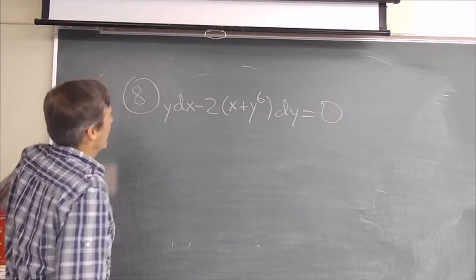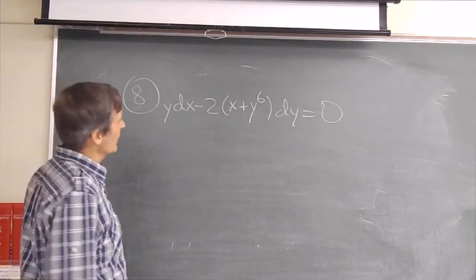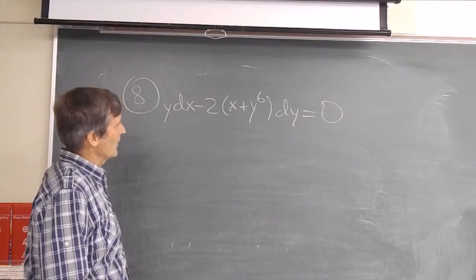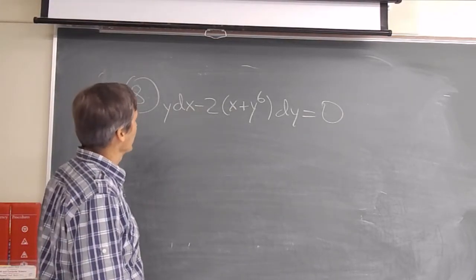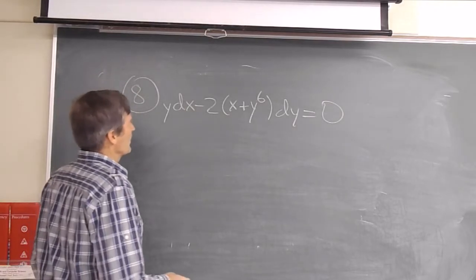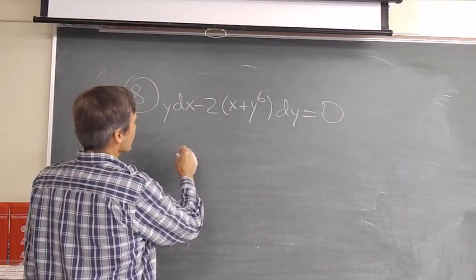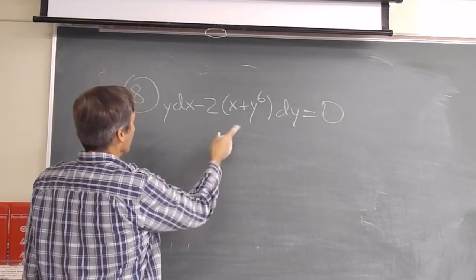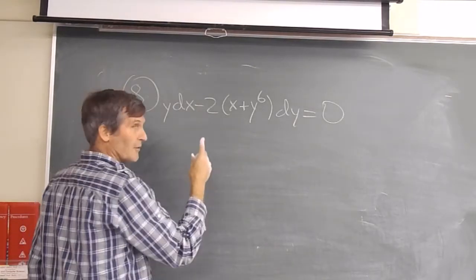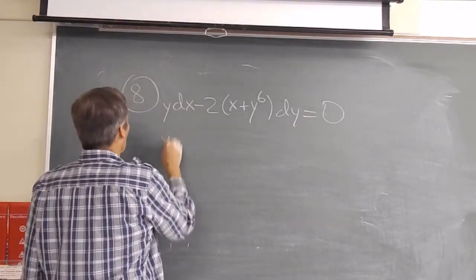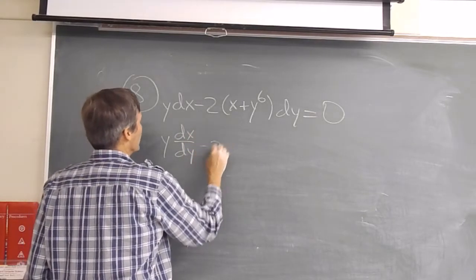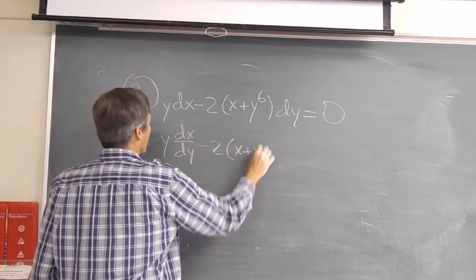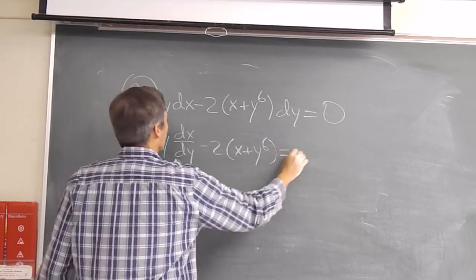Well, here's an equation that's kind of interesting. It says solve for x as a function of y, because it becomes linear. Here's what you do. You can divide by dy to get a function for dx dy. So this is y dx dy minus 2x plus y to the 6 equals 0.